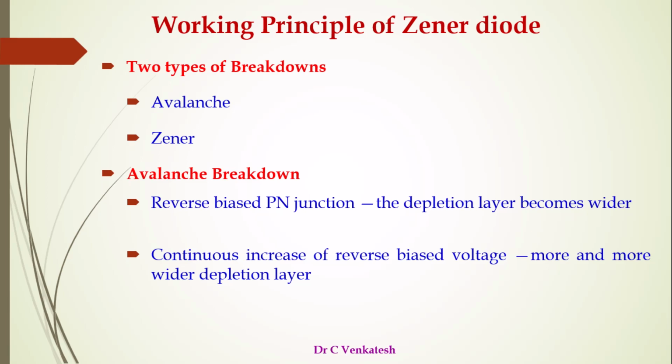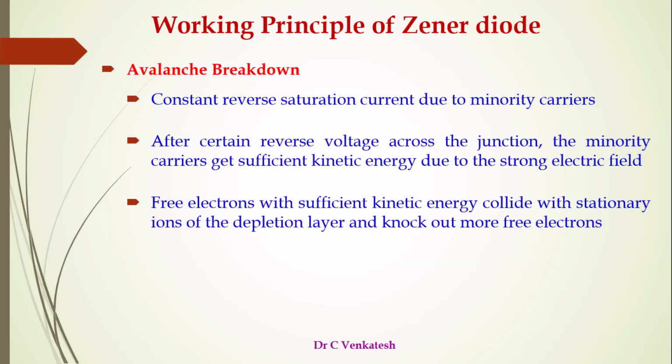And if the reverse bias voltage across the diode is increased continuously, the depletion layer becomes more and more wider. Once the depletion layer increases, there will be a certain minimum minority carrier movements across the junction. That minority carrier movement is the reverse saturation current.